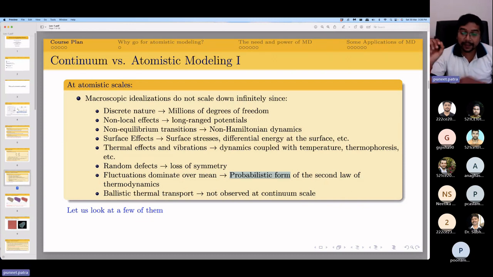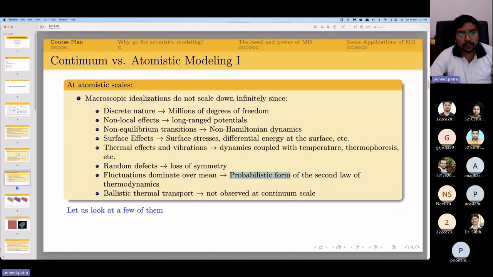On the other hand, being probabilistic in nature, if you increase the time of your analysis, or if you increase your system size, that is, you reach the continuum limit, you revert back to the classical continuum mechanical description of the second law of thermodynamics.